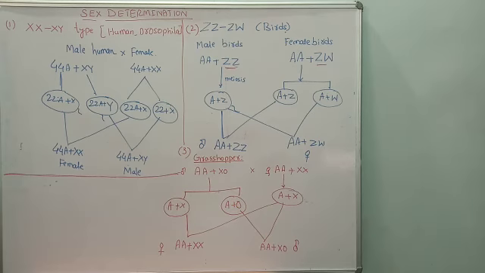In the grasshopper, the method of sex determination is called XX-X0 type, because the male contains one less chromosome compared to the female grasshopper. That is, males are represented as 2A plus X0.